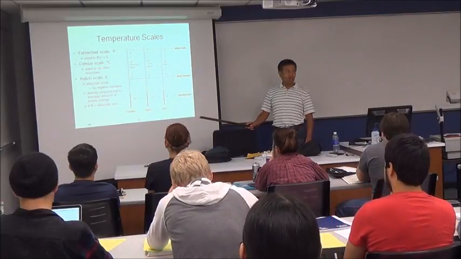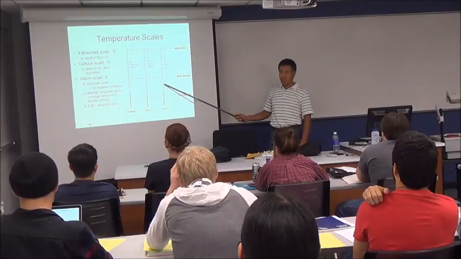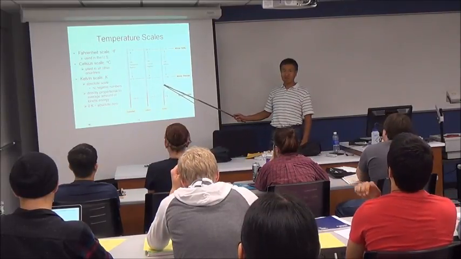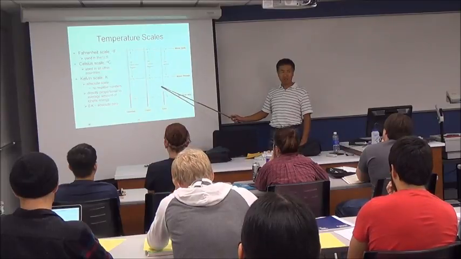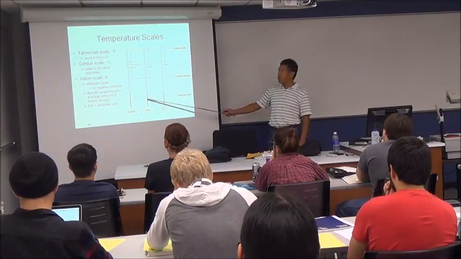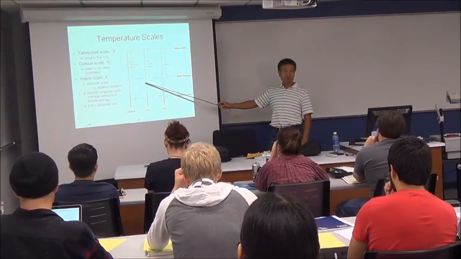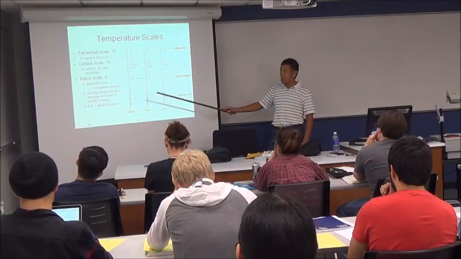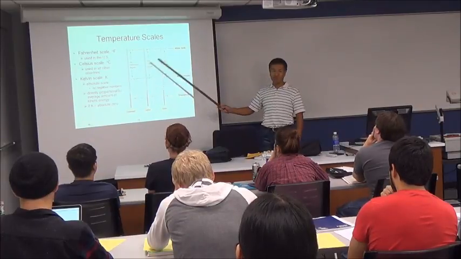But if you use different thermometers, then obviously you have different readings. If you use a Kelvin thermometer, water freezing reading will be 273 Kelvin, right? If you use a Celsius thermometer, it will be 0 degrees Celsius. Okay? If you use a Fahrenheit thermometer, it will tell you it's 32 Fahrenheit.